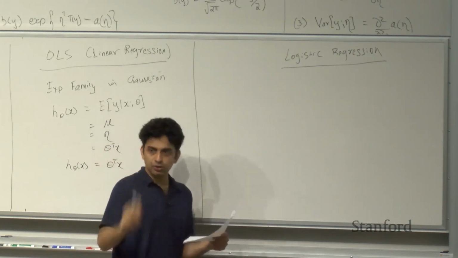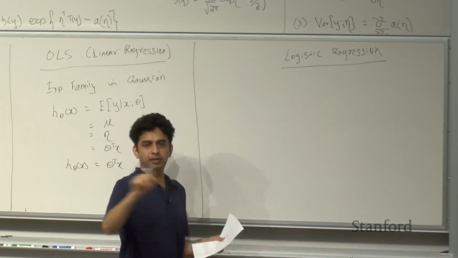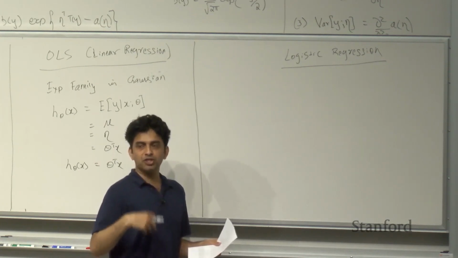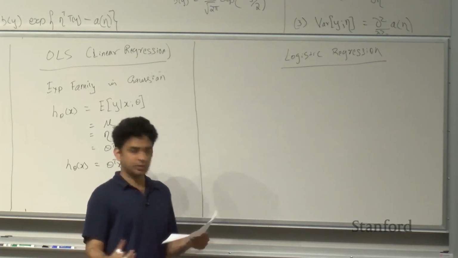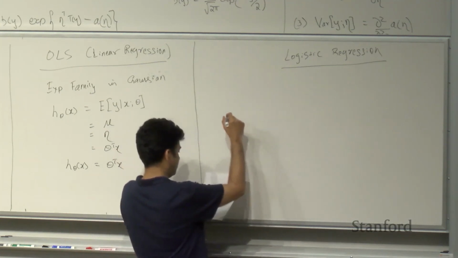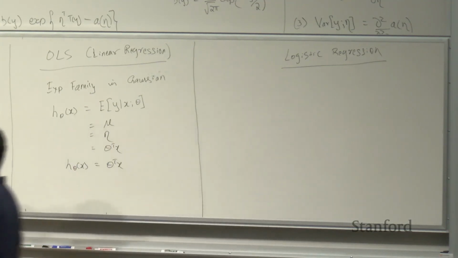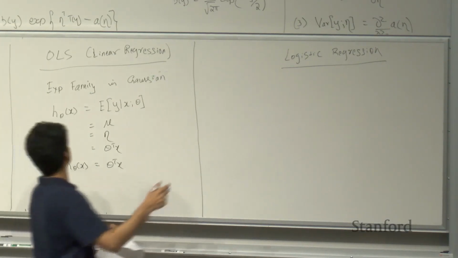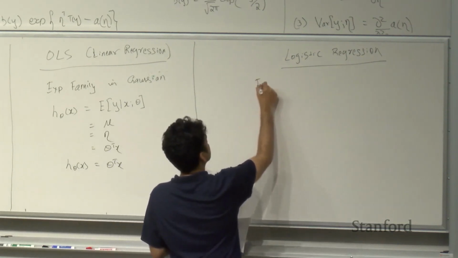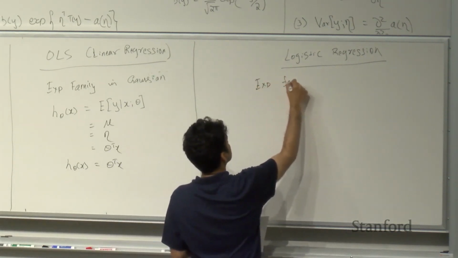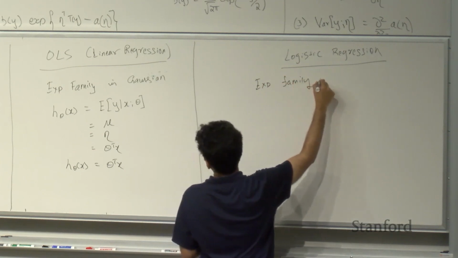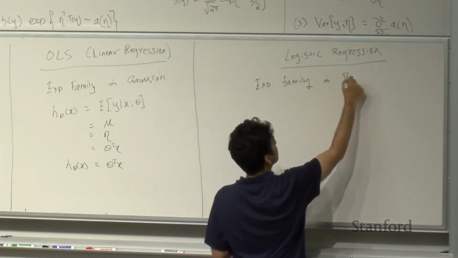By just making the choice that the exponential family is Bernoulli, logistic regression pops out as a natural consequence. So again, assume the exponential family is Bernoulli.